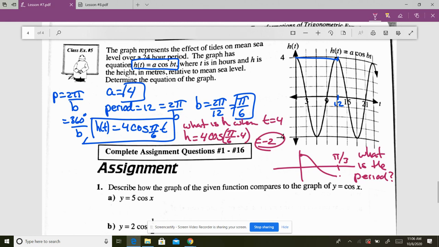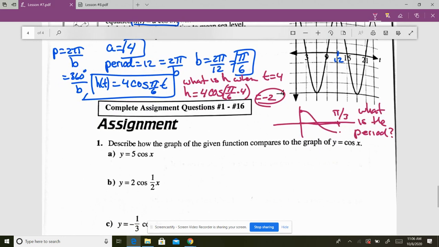But what do you know? You know how long it took to get to here, right? So how long is it going to take to get back to the max? 2 times that, okay? So if I give you half, I just give you half the graph, the max and the min, the period will be 2 times, I'll just write pi over 3 in this case.